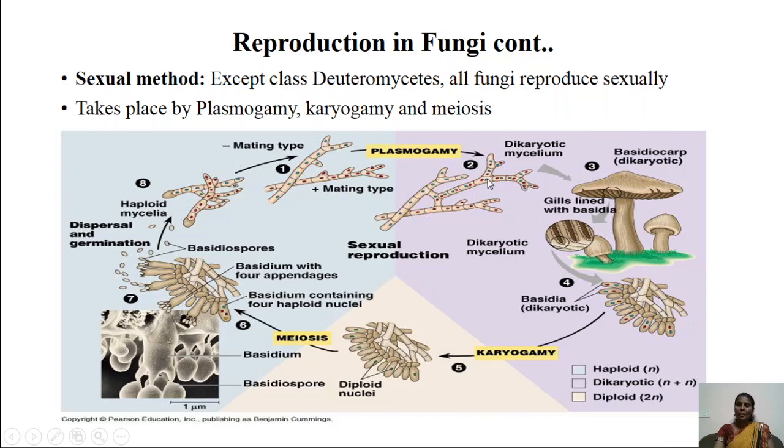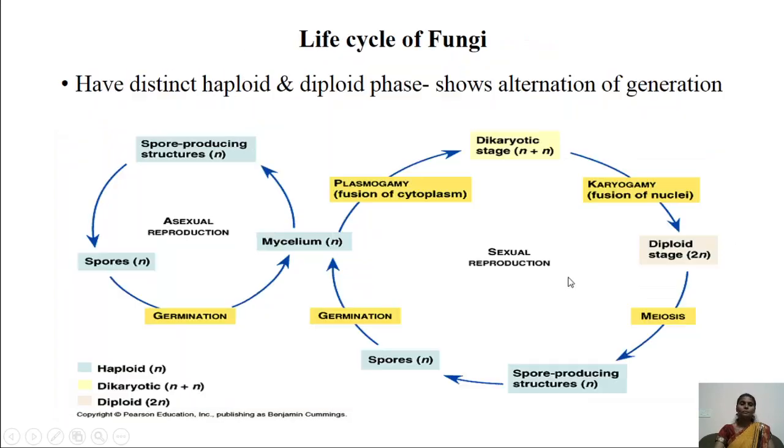Of the two, one is from the male gamete and another from the female gamete, and these two nuclei fuse to form a diploid zygote. That phenomenon is called karyogamy, and after karyogamy the diploid zygote undergoes meiotic division to form haploid spores again. So the life cycle continues.